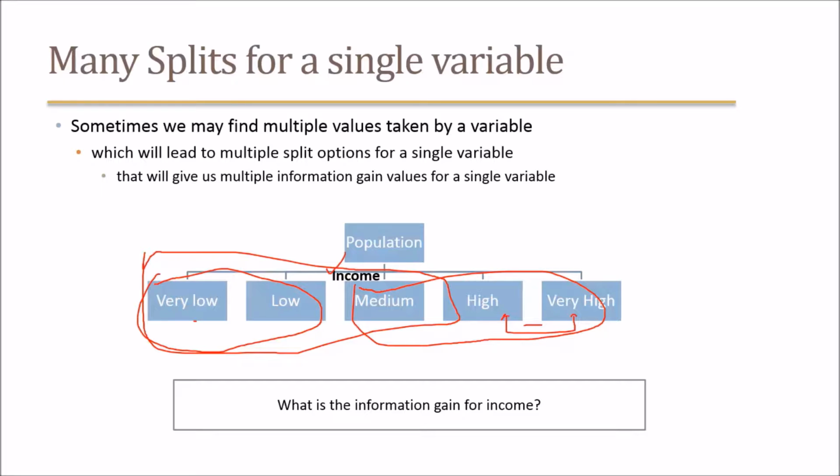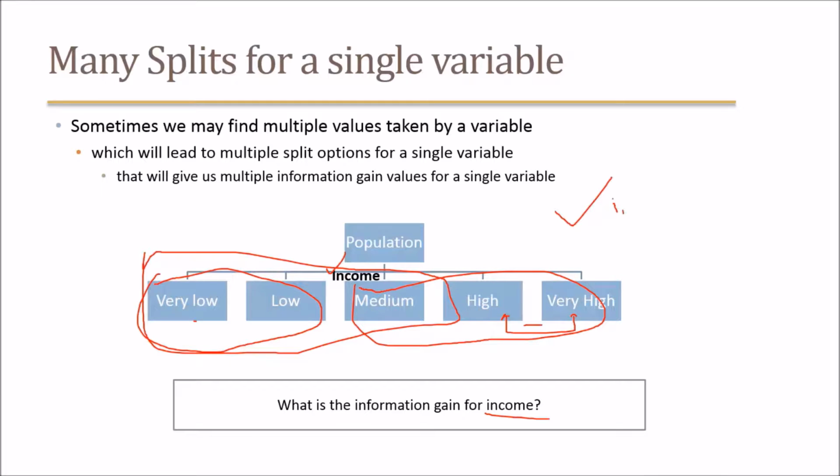So basically that will lead us to multiple split options. There will be multiple scenarios, and each of them will give us an information gain value. So what is the true information gain for income? If you take 5 segments, then you will have one information gain value, let's say that is I1.